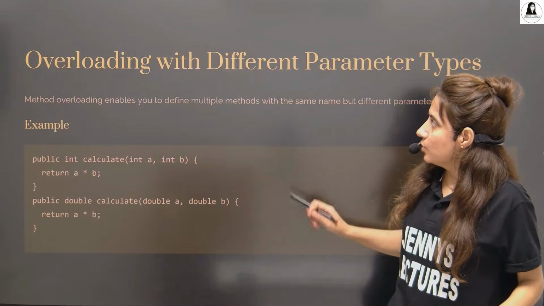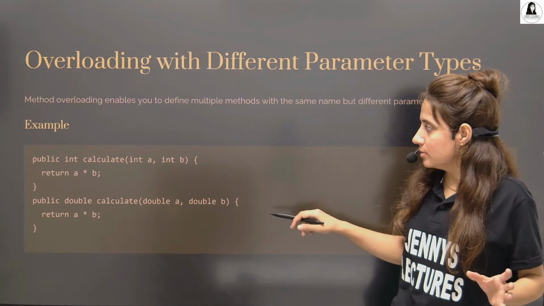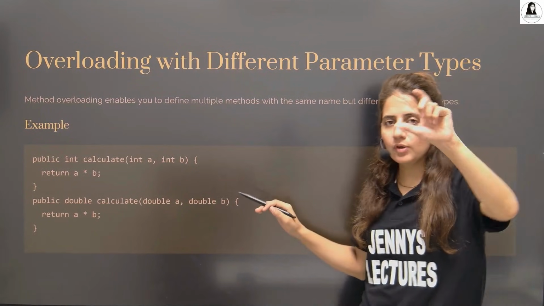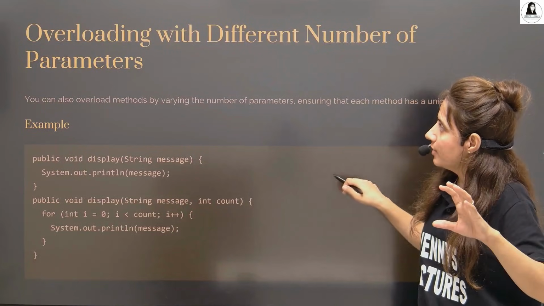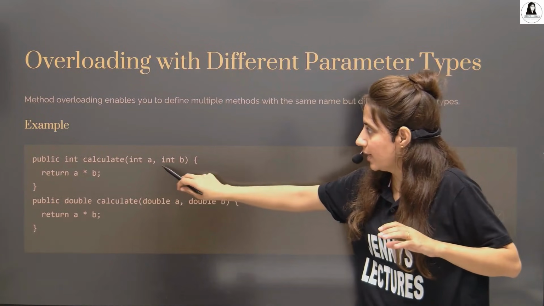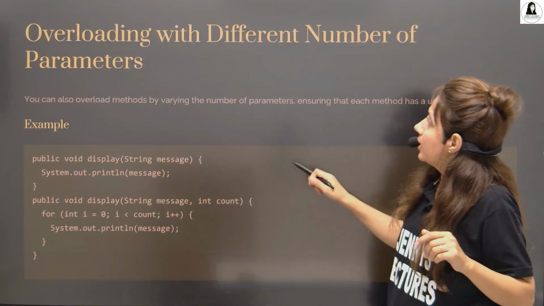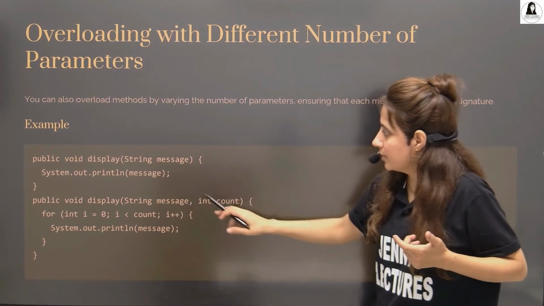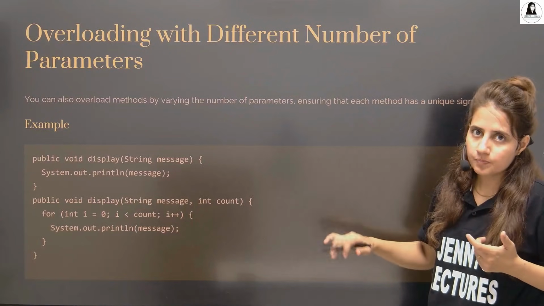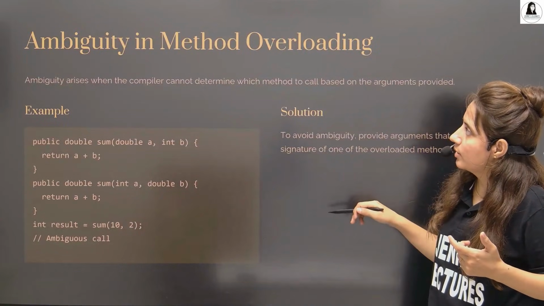Okay, so we have seen overloading with different parameters. The type of parameter we have changed, right? Then overloading with a different number of parameters. Here the type is int, here the type is double. Here a different number of parameters. Here one parameter of string type, here two parameters, one is string, one is int. So this is how we can achieve overloading.